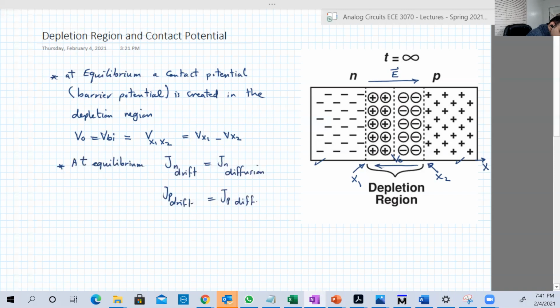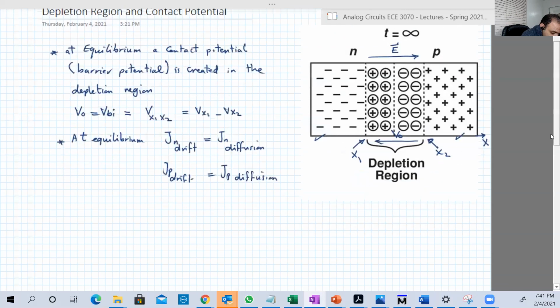You can go with any of them. Both will lead to the same conclusion about VBI. Now we're going to find an expression for VBI or V naught, and both can lead you to the correct answer. So let's go, for example, with Jp.